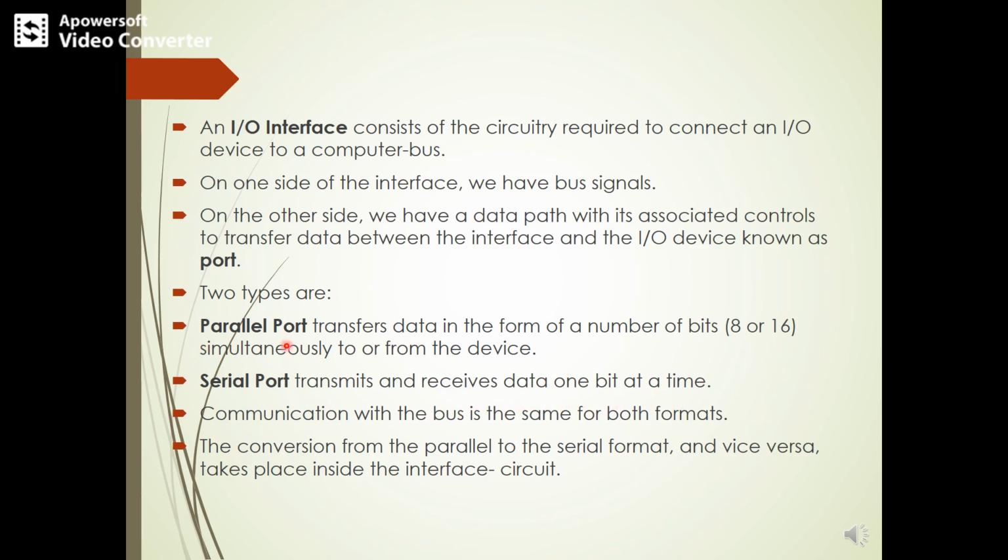So in a parallel port, we can transmit the data in groups, but in a serial port, the data is transmitted and received one bit at a given time. Communication with the bus is the same for both formats. The only difference with respect to the port is that either we can transmit the data in a group or we can transmit a single bit of information at a given instant.